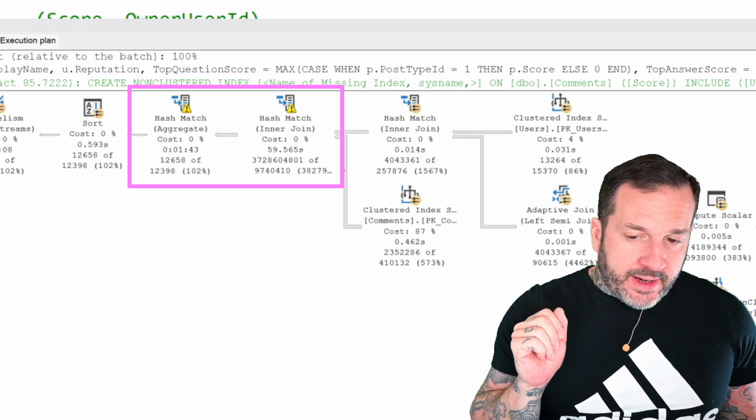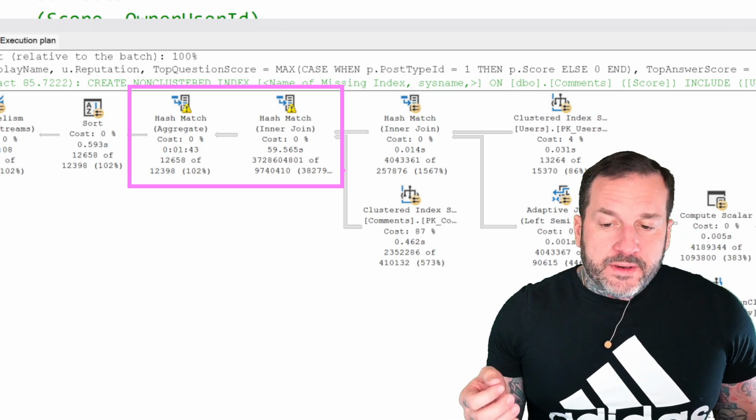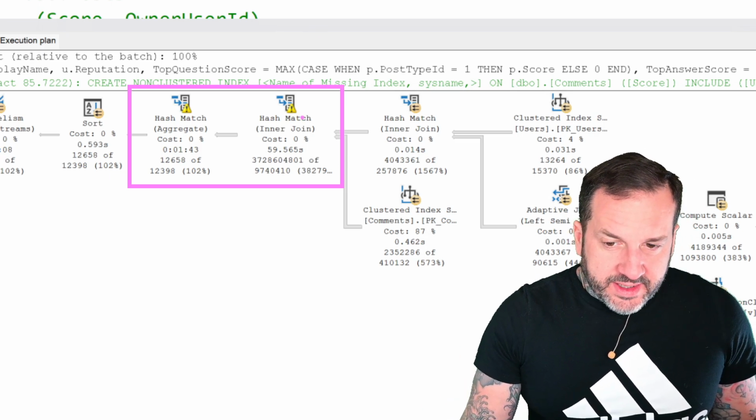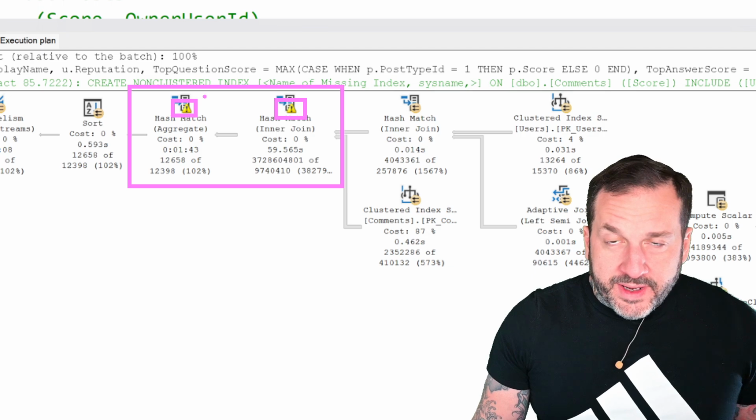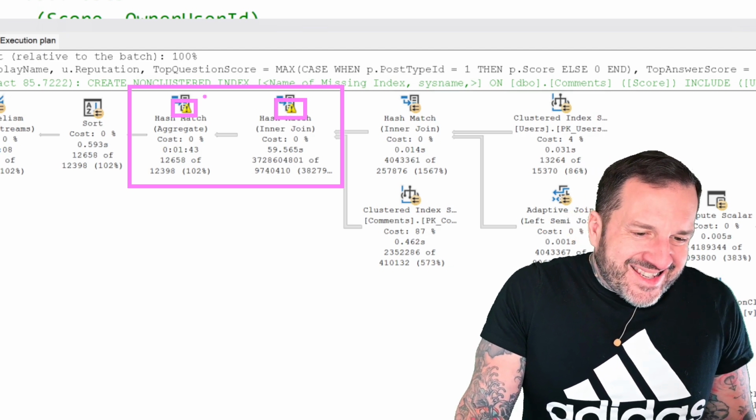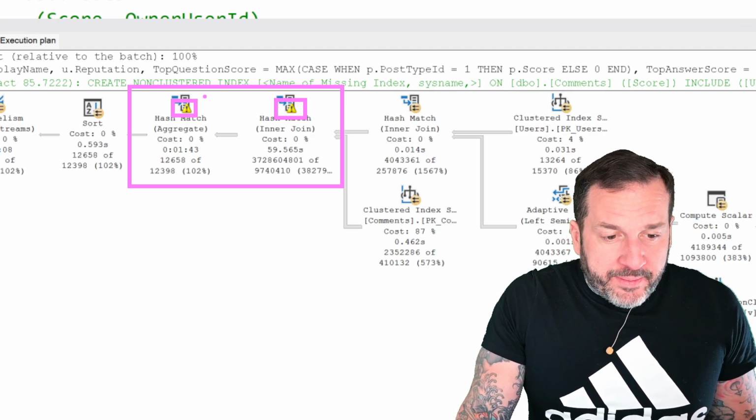Now, these operators spill. We can tell that they spilled to disk because they have these helpful little exclamation points on them that say, oh dear, something terrible has happened, please pay attention to me. And you can kind of get a sense of why this happened.